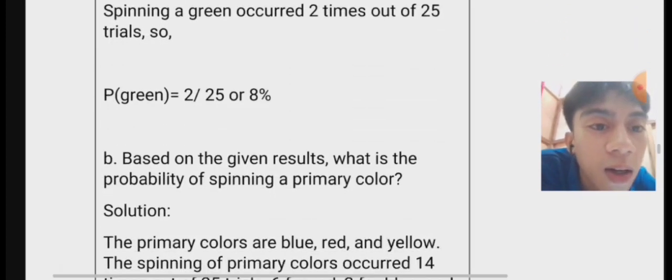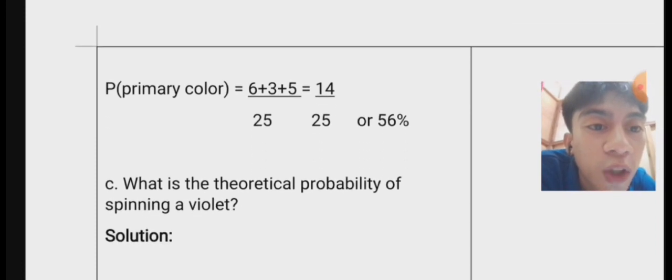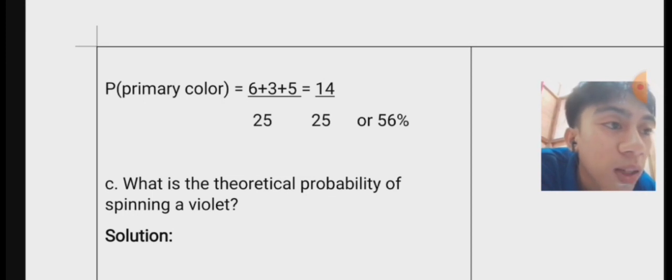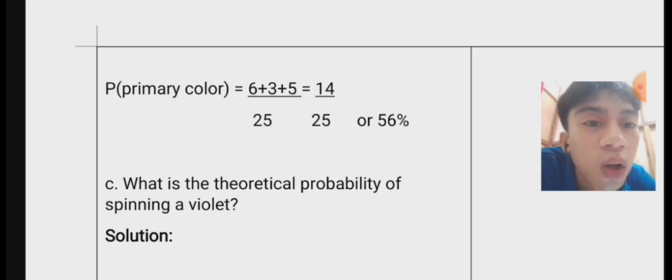So there are 14 as the frequency of the primary colors, and there are 25 spins. So 14 divided by 25 times 100% is 56%.